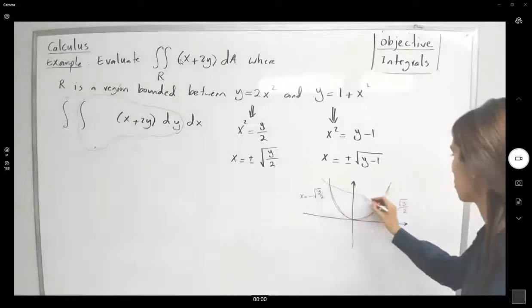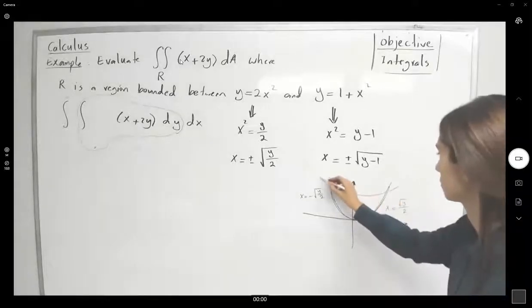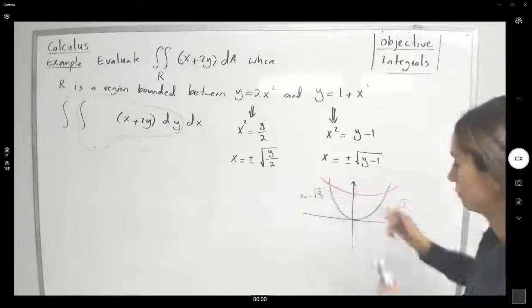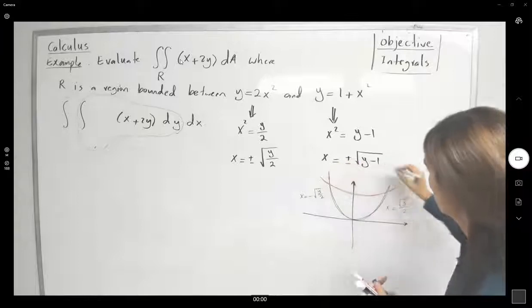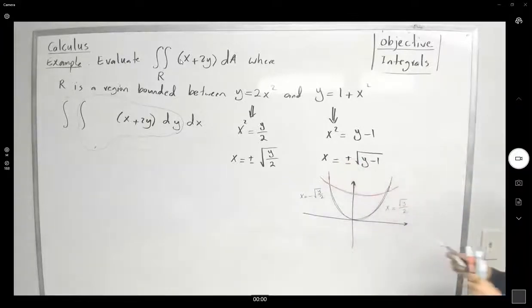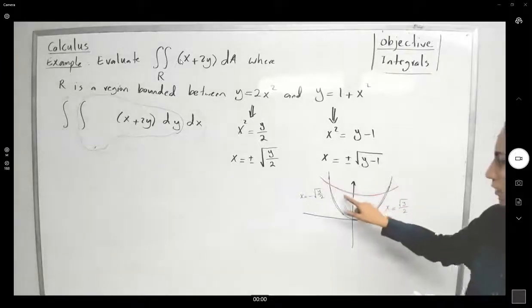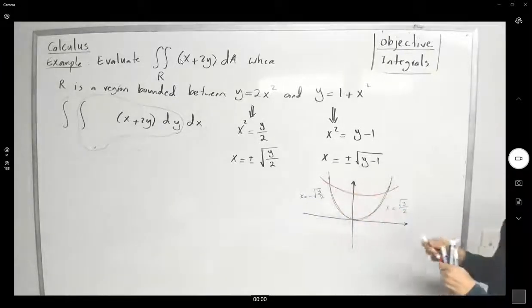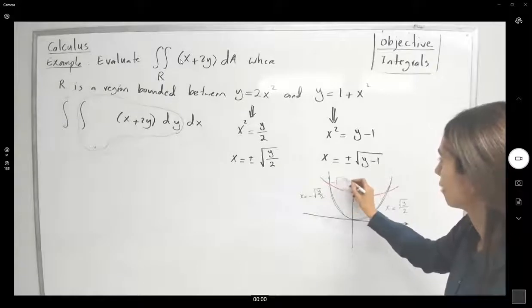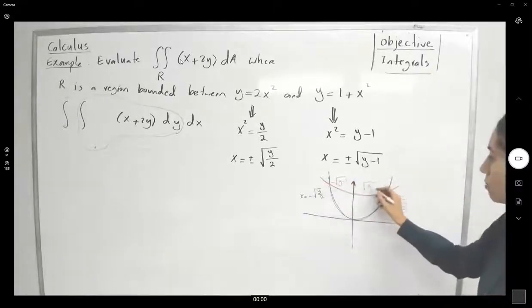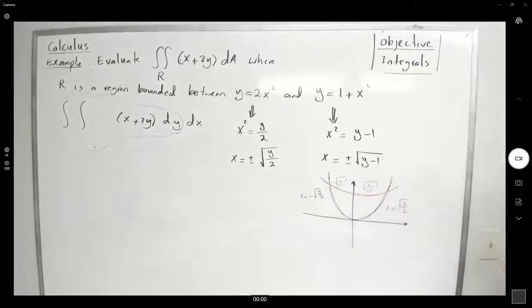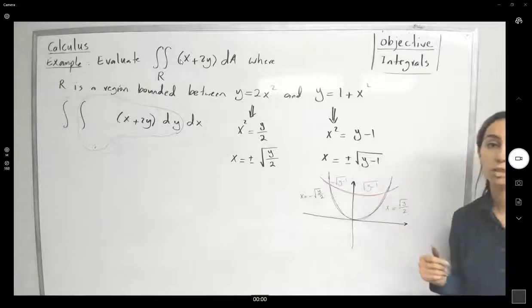So this is your function here. There we go. So on this part, I have negative square root of y minus 1, and on this part, I have positive square root of y minus 1. Well, okay, this makes it more complicated.